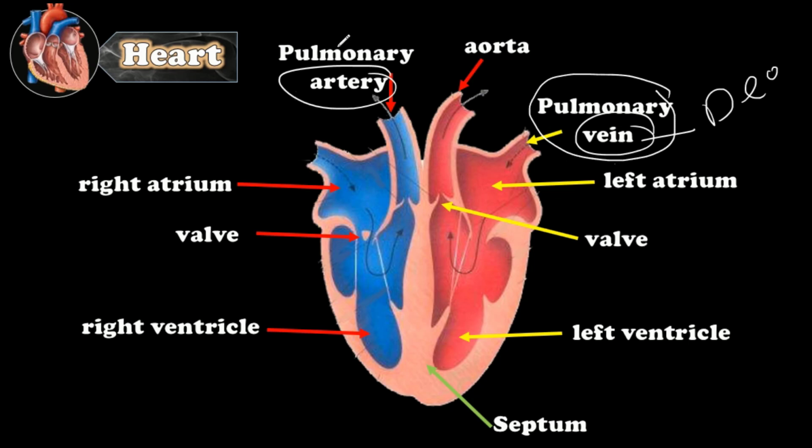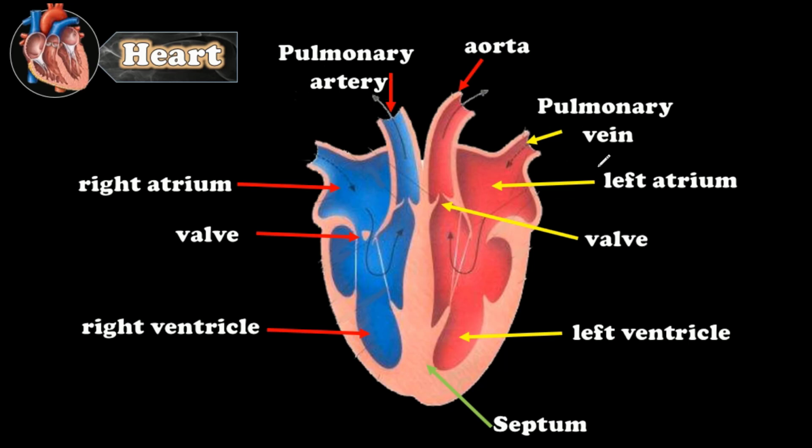All the arteries carry oxygenated blood, except the pulmonary artery carries deoxygenated blood. So you need to just focus on this thing here. Now this is the vena cava, which sends the blood to the right atrium.